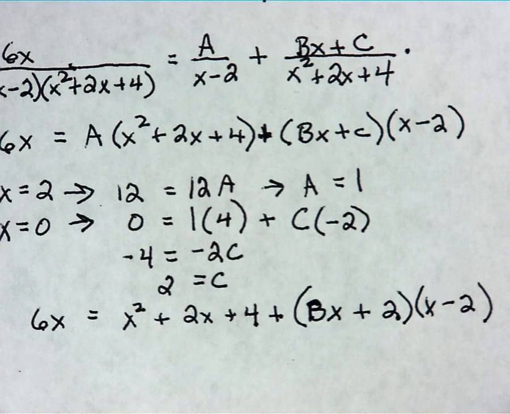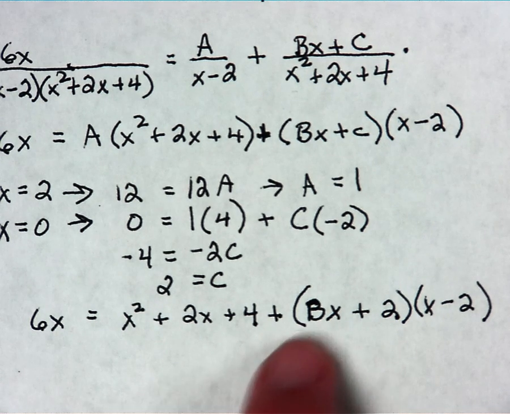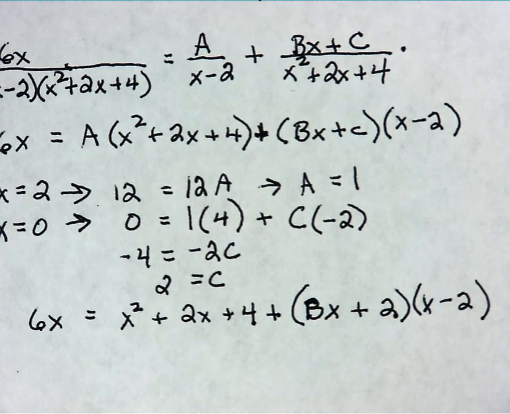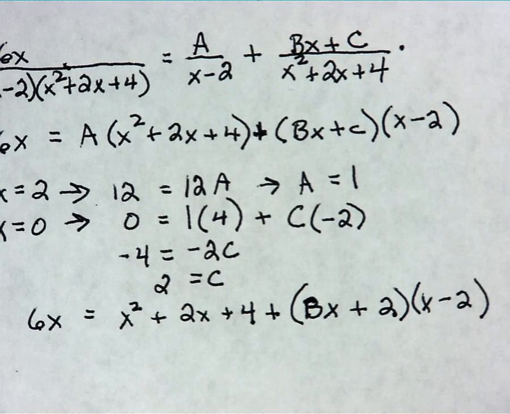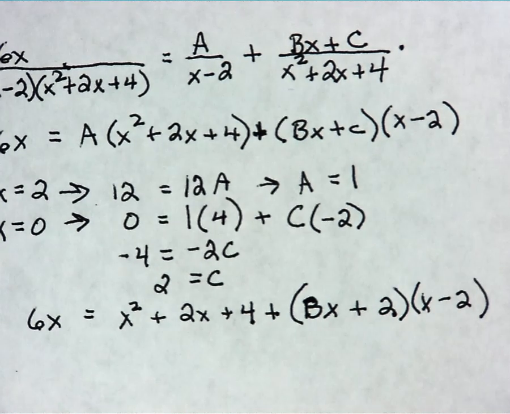And so, eeny, meeny, miny, moe, what do you want to let X be now? Can't let it be 0 or it would kill off our B term. We could let it be 1 again. Yeah, or not again, we haven't let it be 1 so far, but we could let X be 1.